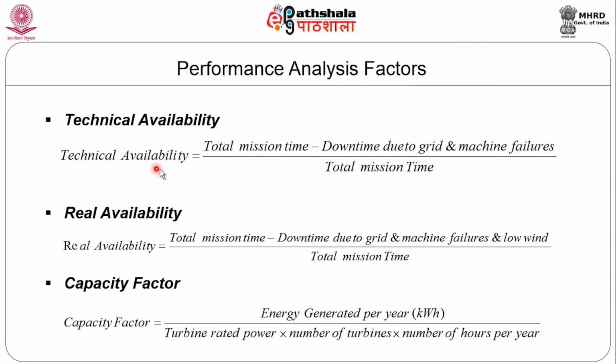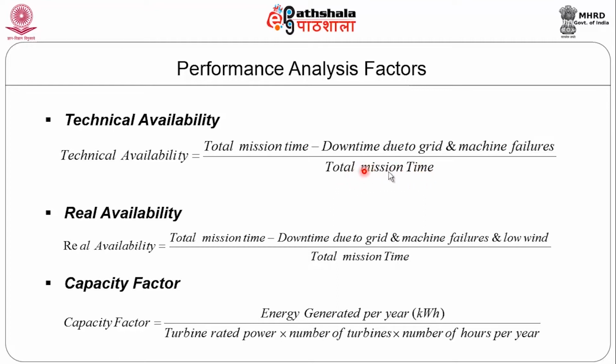Technical availability is total mission time minus downtime due to grid and machine failure, divided by the total mission time. The total mission time is the entire year, 365 days into 24, which is 8,760 hours.